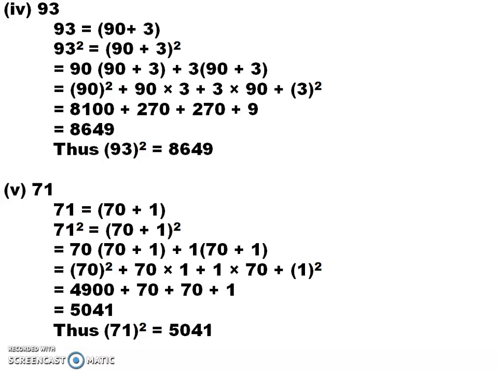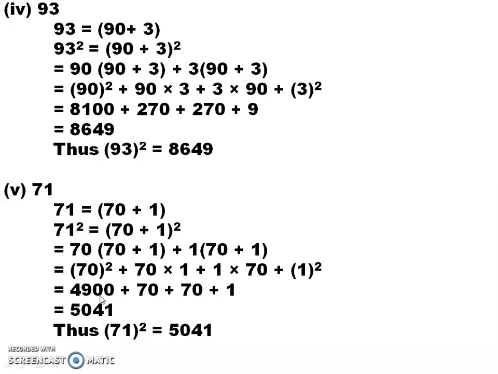So, 71 square can be written as 70 plus 1 the whole square. How will you write 70 plus 1 into 70 plus 1? First number into second bracket plus second number into second bracket.